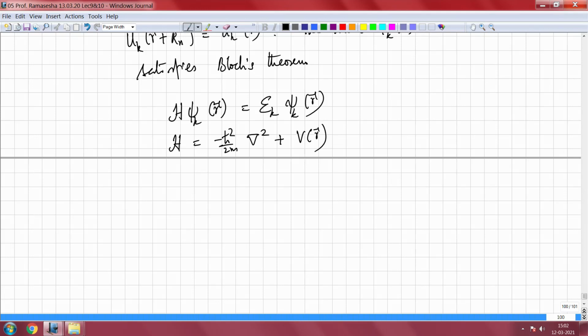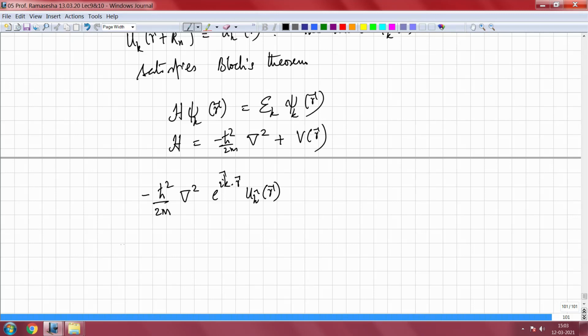Now, let us apply this Hamiltonian on my state psi k of r written in the form of e to the power i k dot r times u k of r. So, minus h cross squared by 2m del squared operating upon e to the power i k dot r u k of r will give me the following.